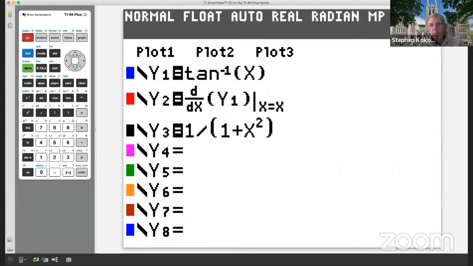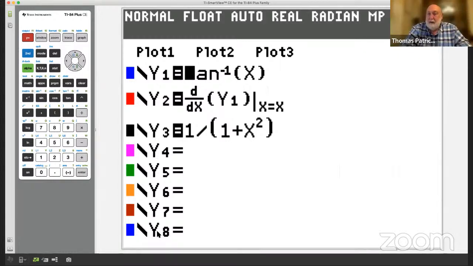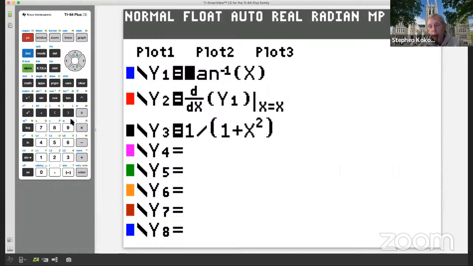So Tom, just for the heck of it, since the 84 does not have an inverse cotangent, go back into that argument of the tangent inverse and make that a 1 over x. And let's just see what it gives us for the inverse cotangent derivative.